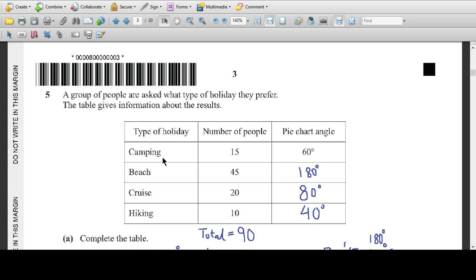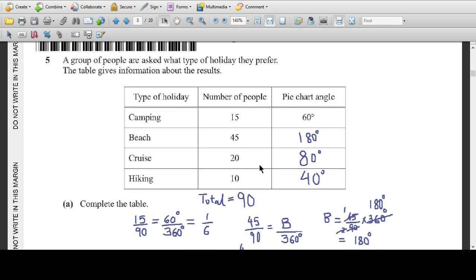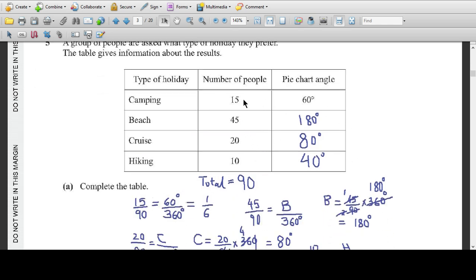The pie chart is represented as 360 degrees, so we have to complete it. We know that 15 people correspond to 60 degrees, and 90 people correspond to the total pie chart, which is 360. So this proportion is 1/6. In the second part, 45 corresponds to the beach value, and we have to find this angle, and 90 corresponds to 360.